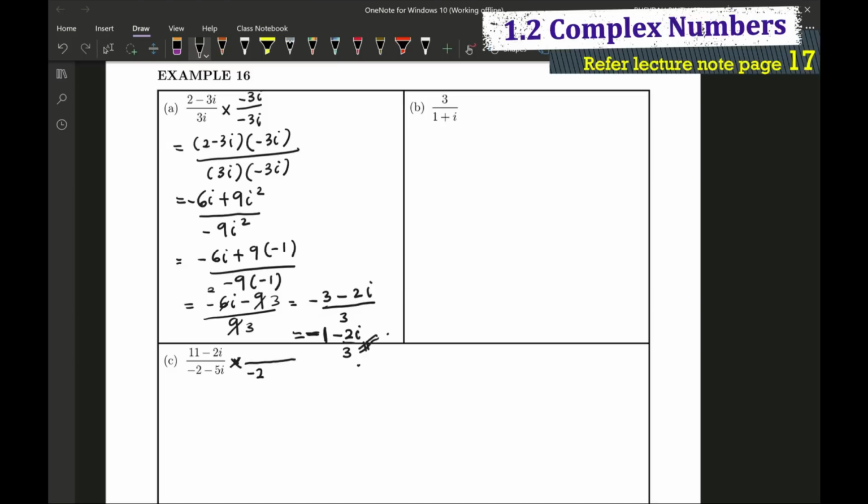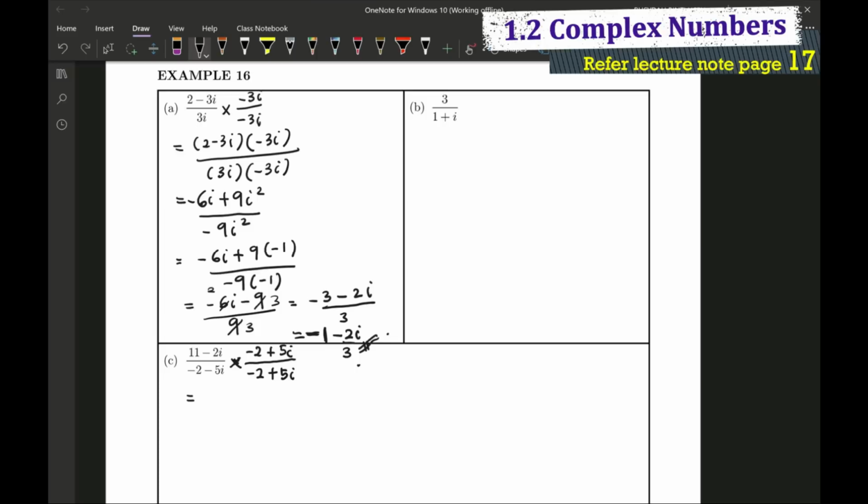So here we need to multiply by, what's the complex conjugate of the denominator? Negative 2 plus 5i, because the imaginary part is completely opposite from the one we want to conjugate. So negative 2 plus 5i here. Now we can solve it.